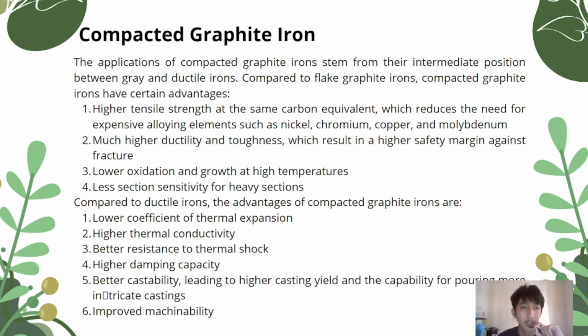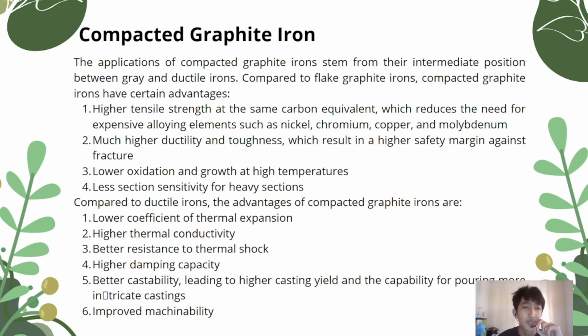Two is much higher ductility and toughness, which result in a higher safety margin against fracture. Three is lower oxidation and growth at high temperature, and four is reduced section sensitivity for heavy sections.